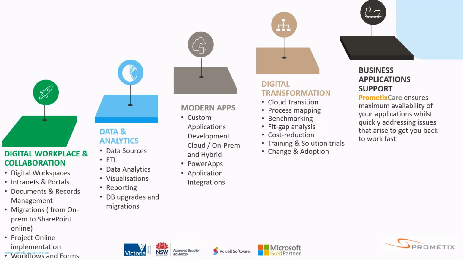This is our consulting arm, where we would look at your organization's transition approach, your process mapping, and anything to do with the business, engaging your business to understand how we can deliver technical outcomes in a successful manner. The fifth and most important part is our managed services, the business application support. We call it Promatics Care. It delivers support to any organization in the Microsoft space, where we have our support systems and also follow the SLAs that we agreed upon.